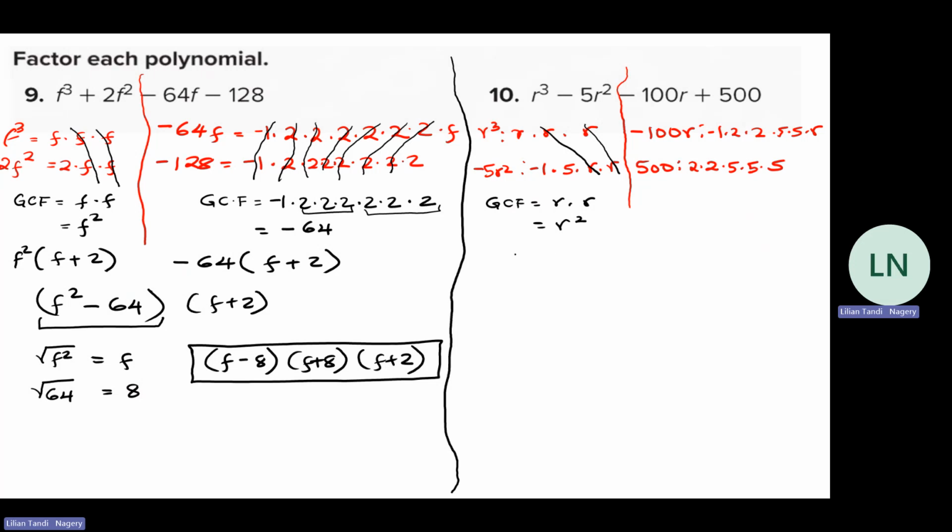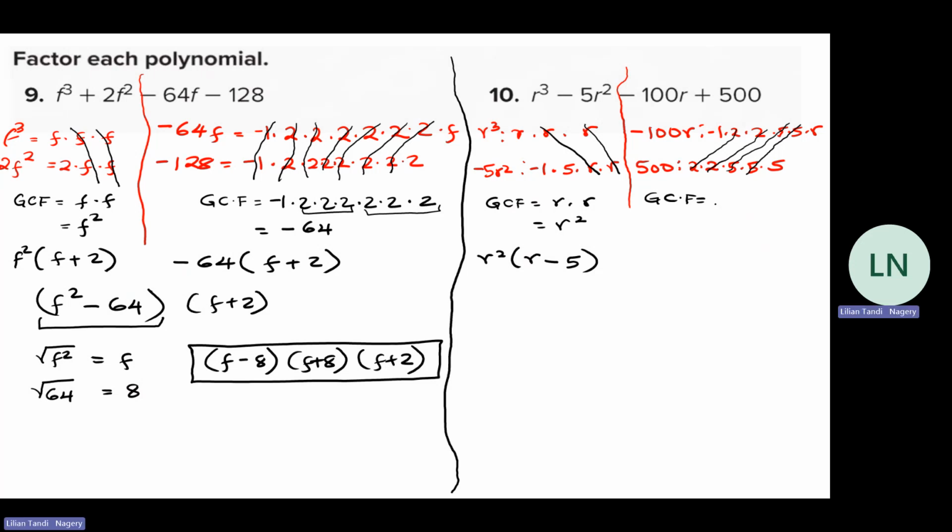Okay, now r squared here will be r minus 5, like that. Yes. Then here we will do GCF. This 2 with this 2, this 2 with this 2, this 5 with this 5, and this 5 with this 5. Okay.